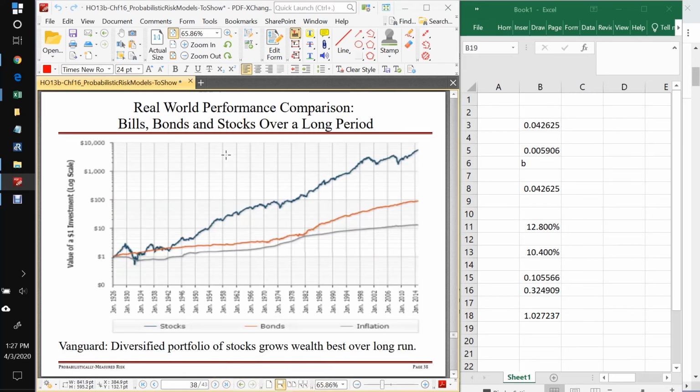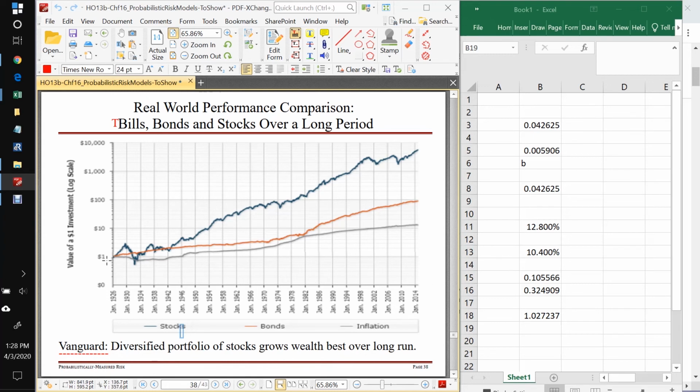Okay, last thing I want to talk about here is a real-world comparison of bills, and these are really treasury bills, bonds, and stocks over a long period. I have a graph going back from 1926 all the way up to 2014, and what folks at places like Vanguard, who are very focused on having you invest in the stock market, will tell you is that a diversified portfolio of stocks grows your wealth best over the long run.